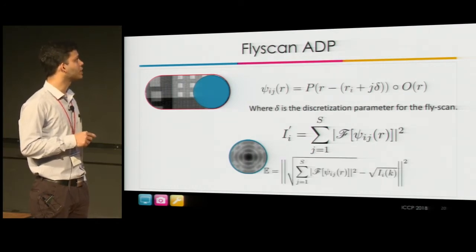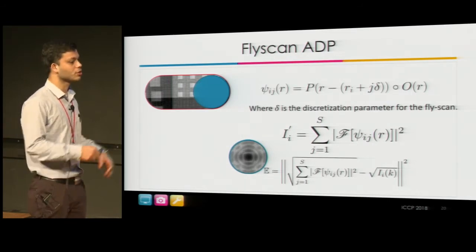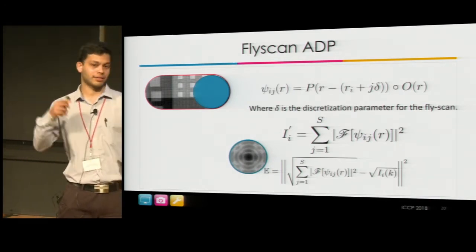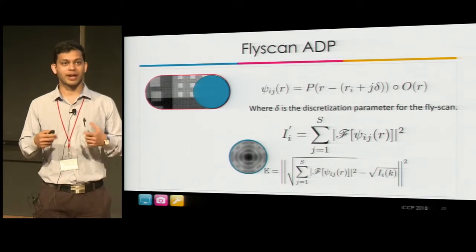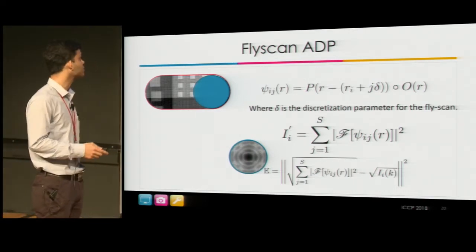An L2 norm over the magnitudes of the predicted intensities and the real intensities would give you the error function. And then we go ahead and implement this as a computational graph, and let TensorFlow calculate the gradients for this error function and make the updates to the object as well as the probe.